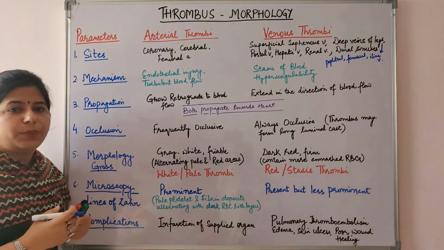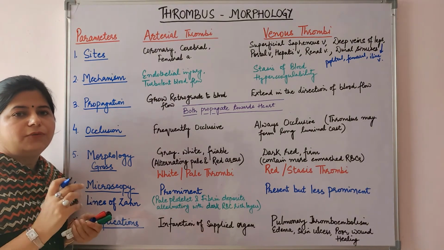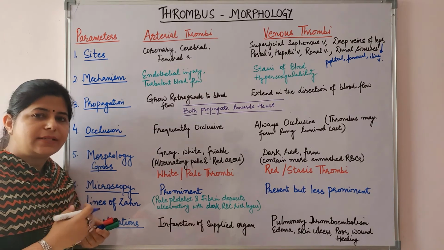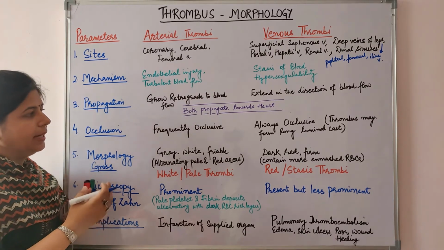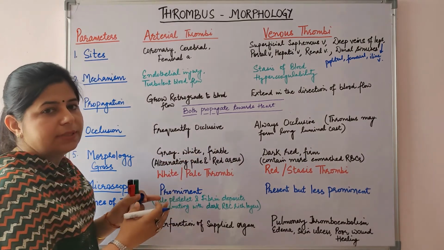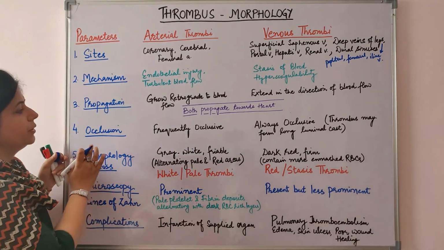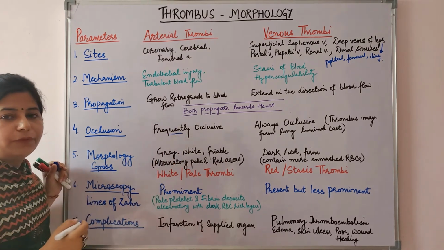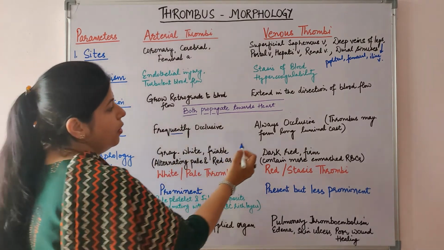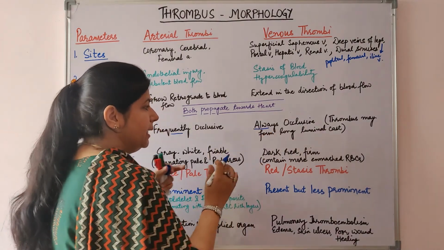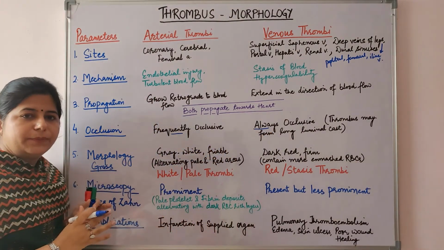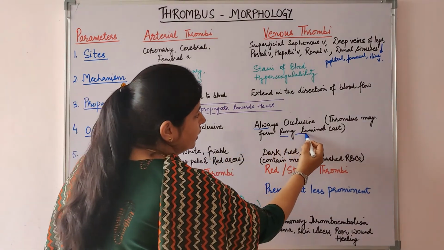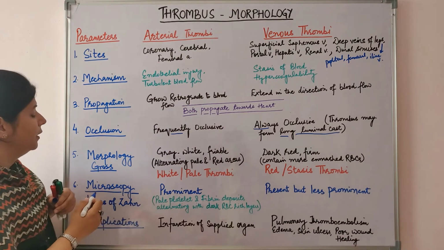Arterial thrombi grow retrograde to the flow of blood, whereas venous thrombi extend in the direction of blood flow, and in this way both propagate towards the heart. Occlusion. Arterial thrombi are frequently occlusive, whereas venous thrombi are always occlusive. They take the shape of the lumen of the vein and form a long luminal cast in the vein.